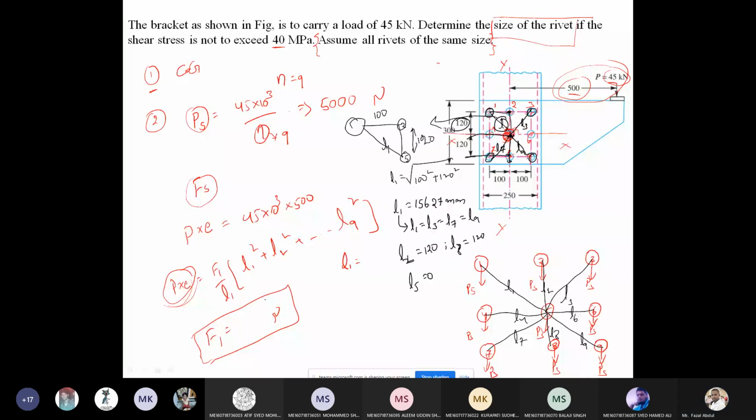Make it fast, Babu. How much is the L1 value? Do it fast, Babu.